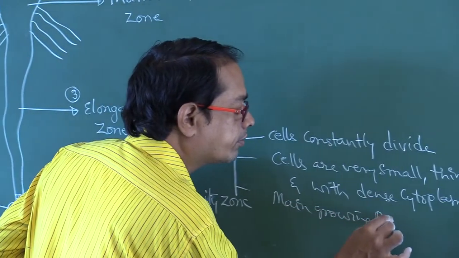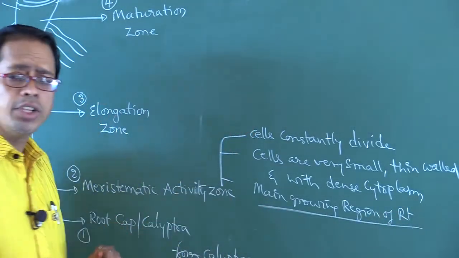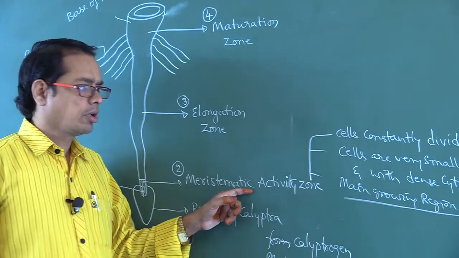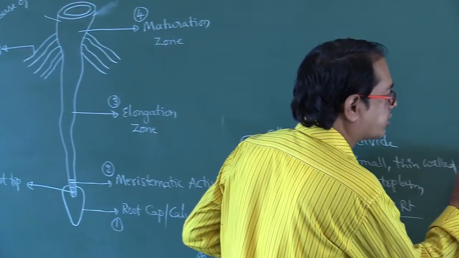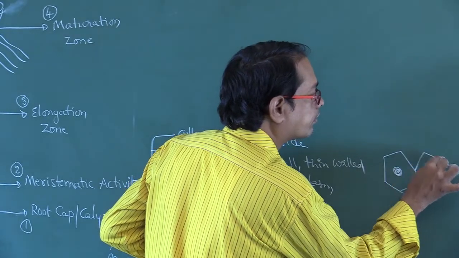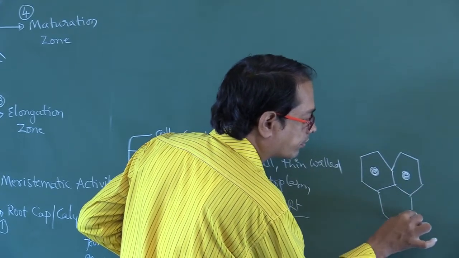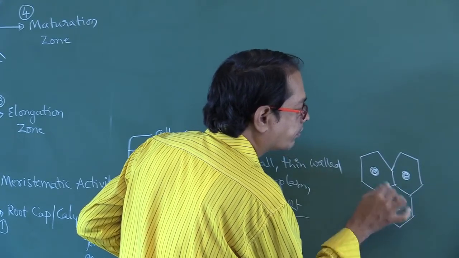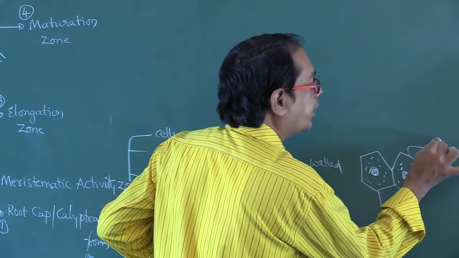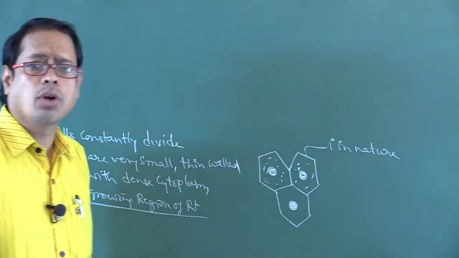That's why it is considered the main growing region of root, which is very, very important. Which one is considered the main growing region of root? Meristematic zone. Meristematic zone means cells like this. Primary in nature means only primary cell wall is present.